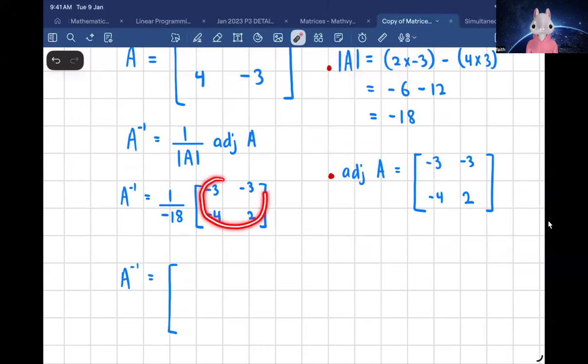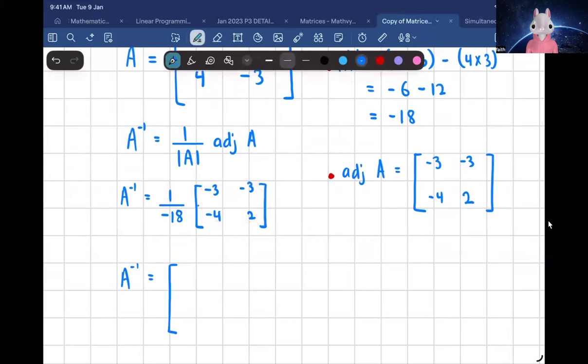All the numbers you just multiply by 1 over -18. So -3 all over -18, then -4 all over -18, and over here 2 over -18.